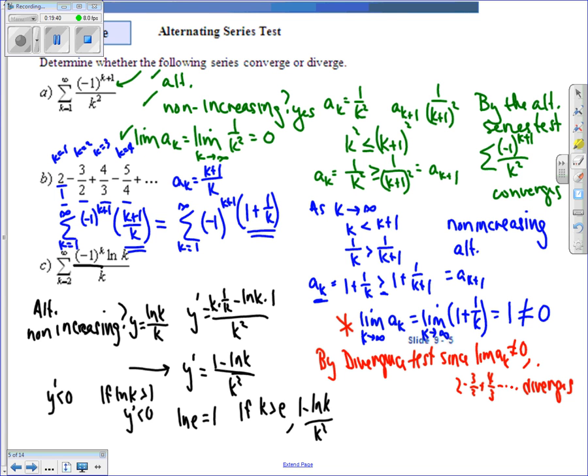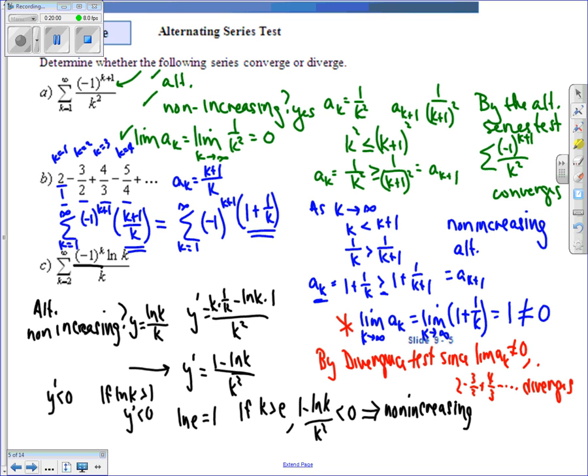Well, we're not really talking about the a sub k's there. We're just talking about the derivative. So this will be negative, which means that the function is non-increasing or decreasing. Okay, so we checked the derivative there to make sure the derivative was negative.